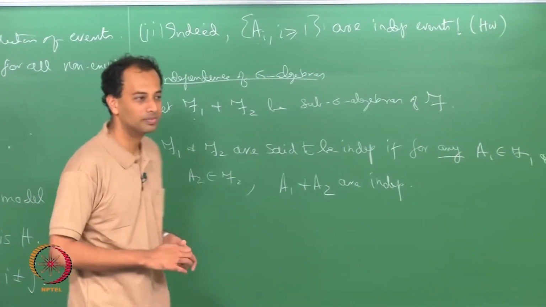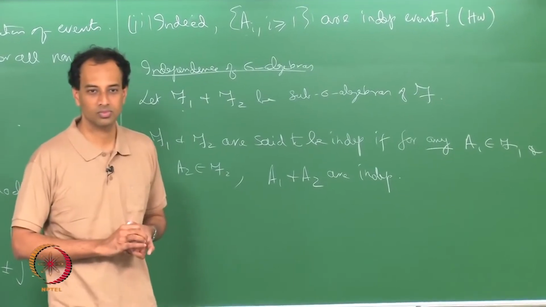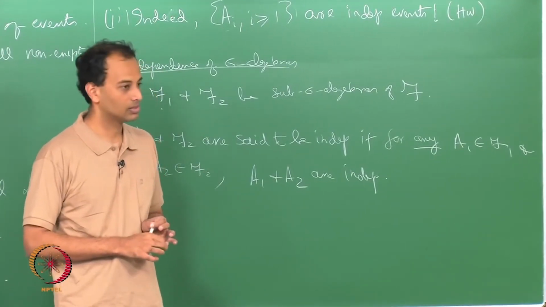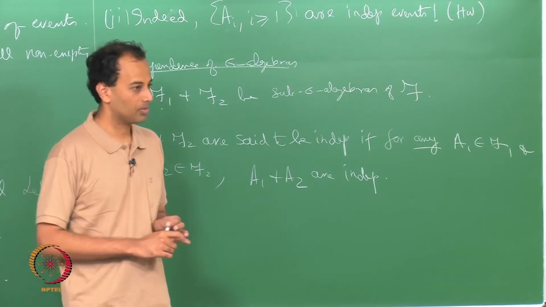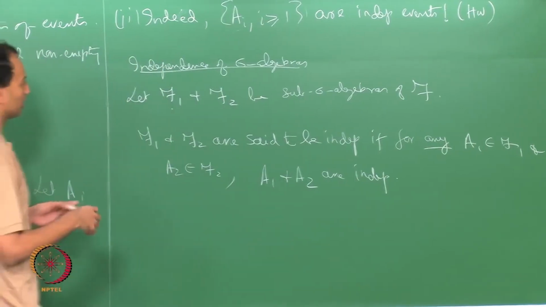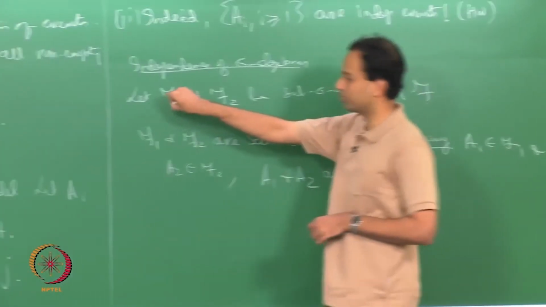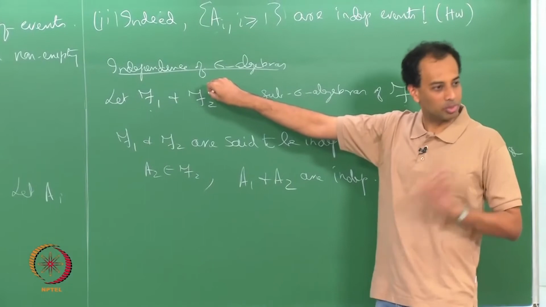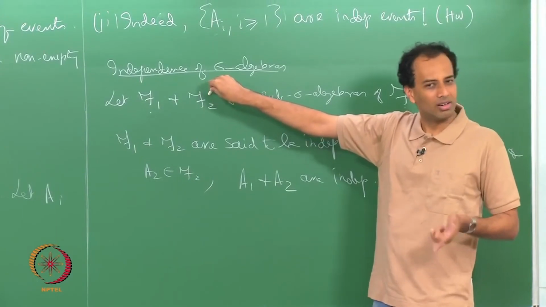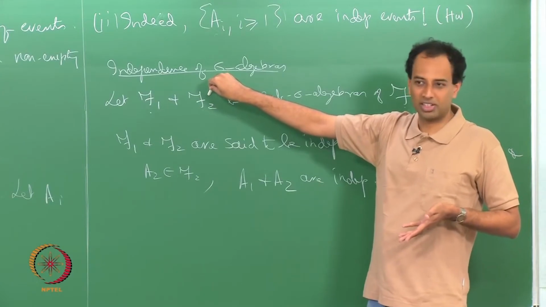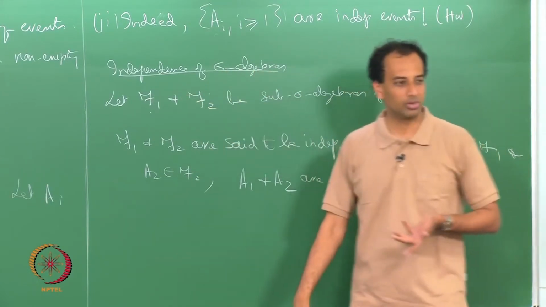Is this clear? Sir, yes. If probability P is defined on F, the same probability P can be applied to F1 and F2. This is exactly what I said. P is defined on F. So no matter which one you pick from F1 and which one you pick from F2, P is defined on it, since F1 and F2 are after all sub sigma algebras. So a measure defined on F is also defined on F1 and F2, right.